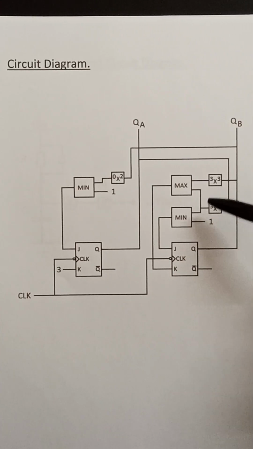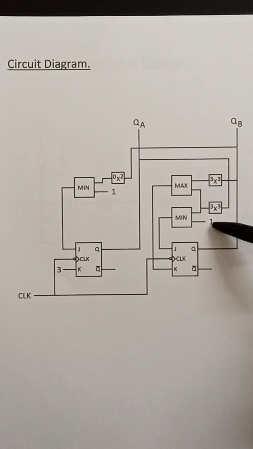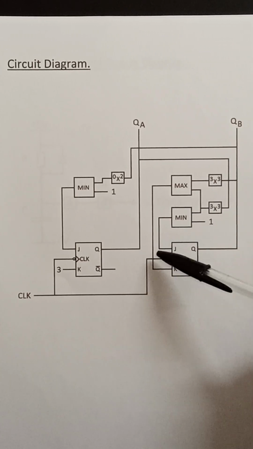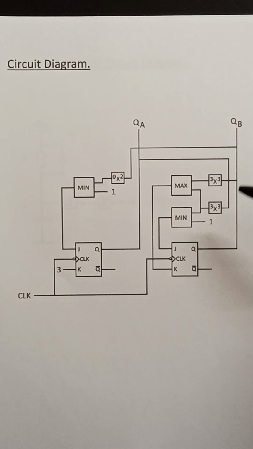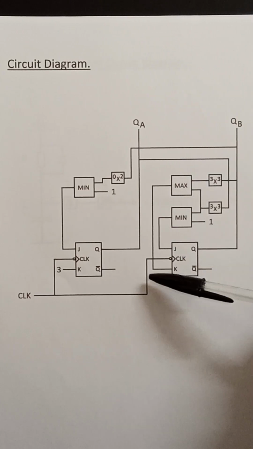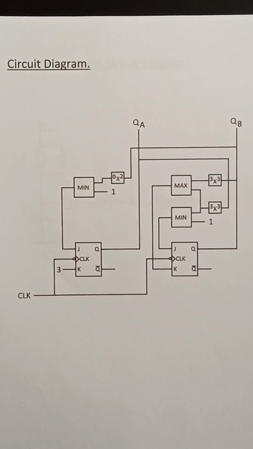JB follows QA, tied with a minimum function with one input tied to a 1 and the other input to QA, and that feeds into JB. And this is the maximum function, which is QB and QA, and that feeds into KB. Right, so that is the circuit diagram for the counter.